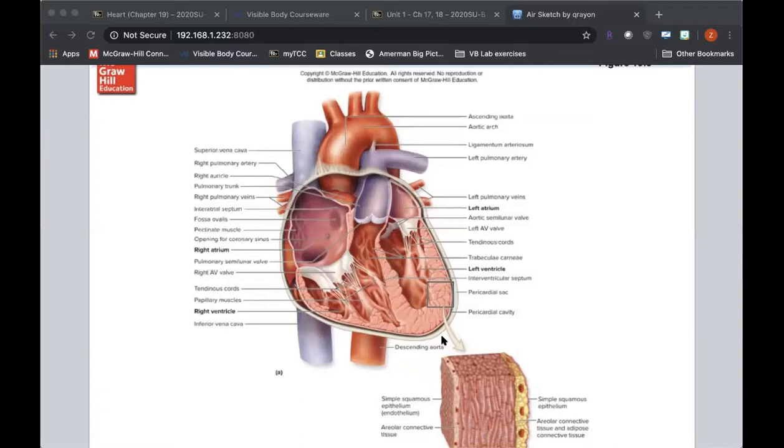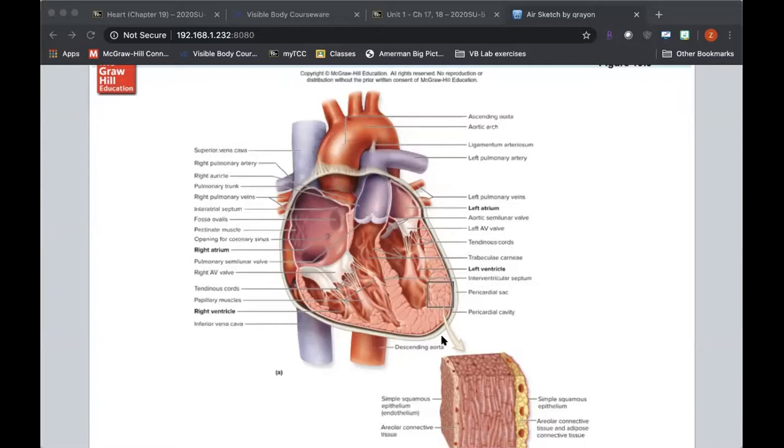It's a very good reference picture. Eventually you need to be able to label all these when you're not looking at these labels. You will need to be able to label these on a visible body as well, but a heart is a heart is a heart. All the parts are pretty much the same. So make sure that you are familiar with the valves.